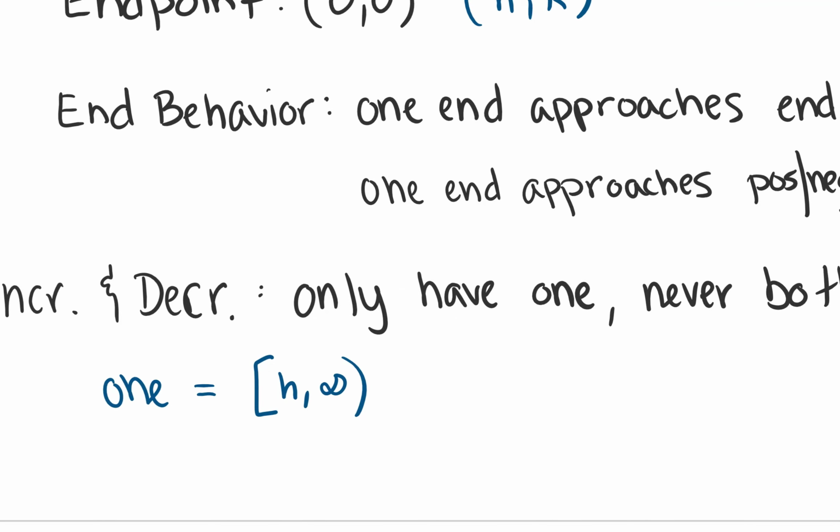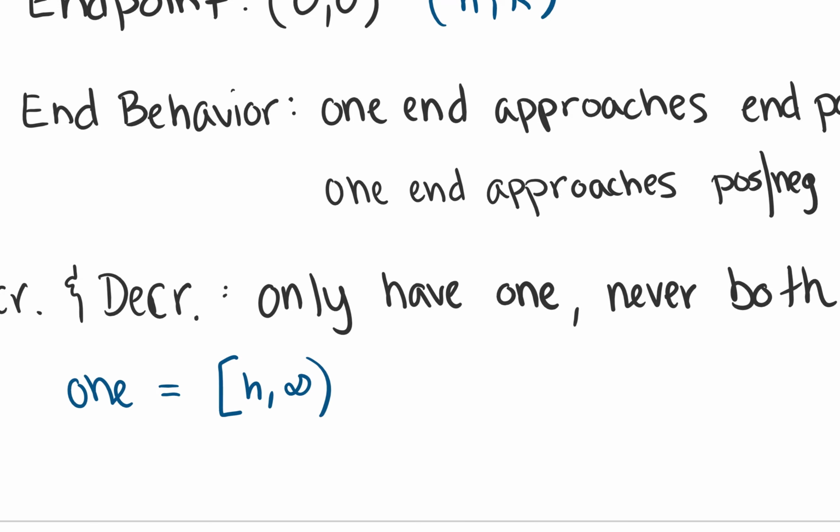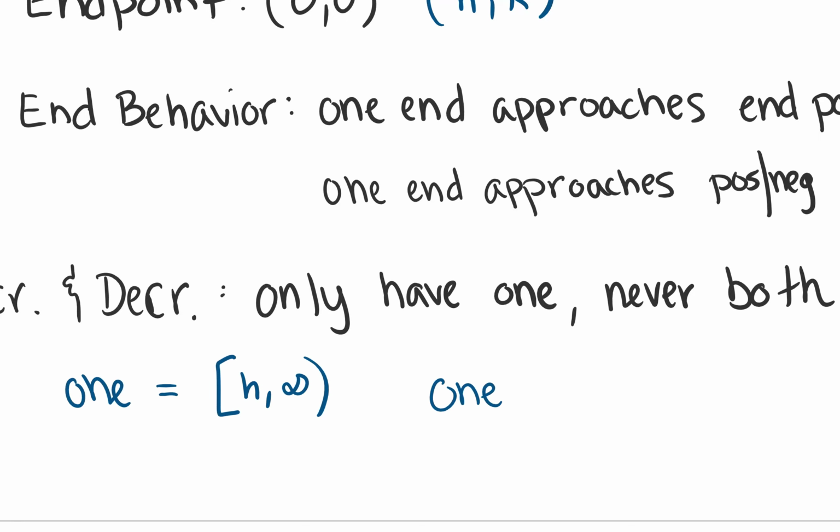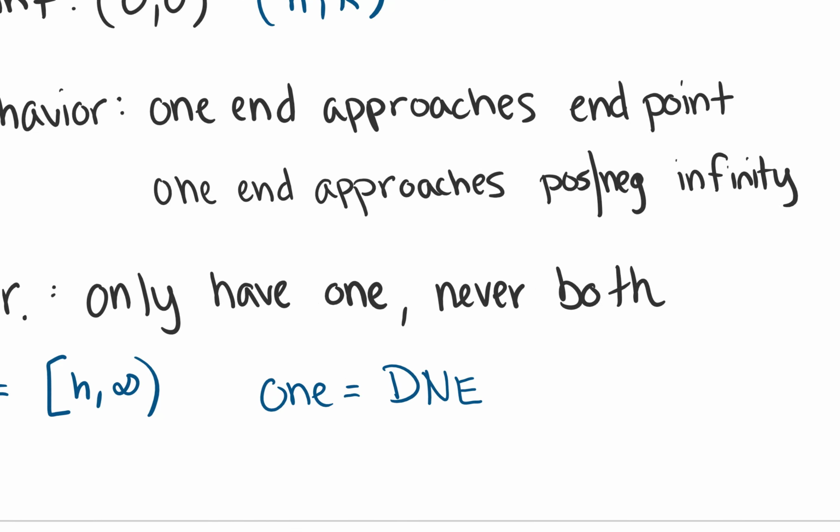I'm thinking, yeah, because x, right? And then 1 will equal what's called DNE, which does not exist. If you want to write that out, you can. So does not exist.